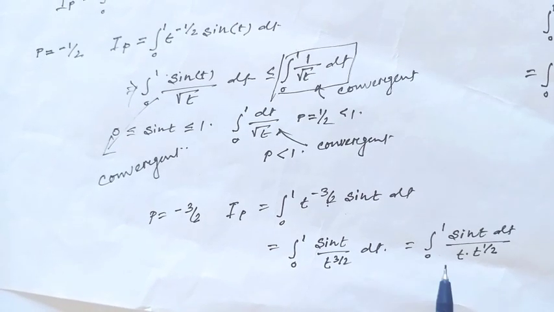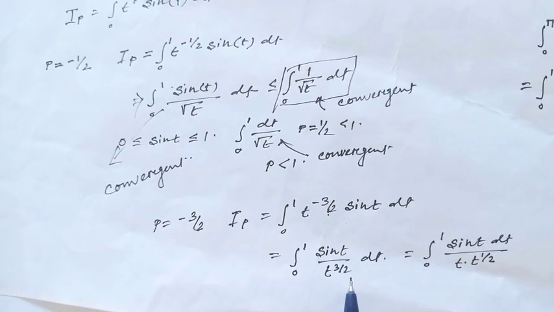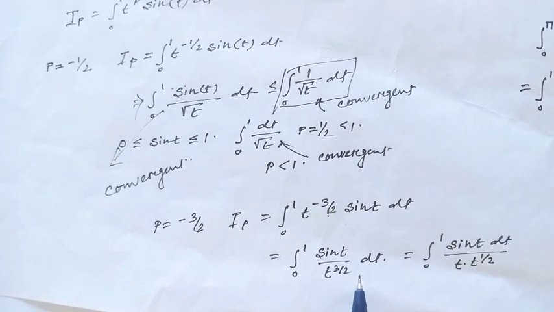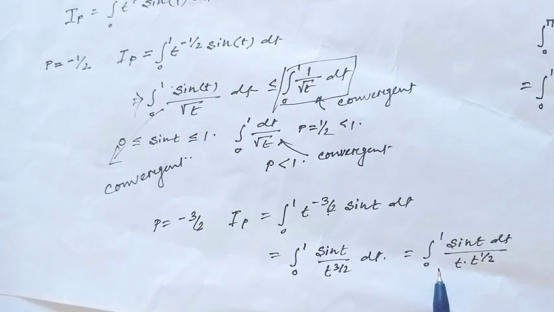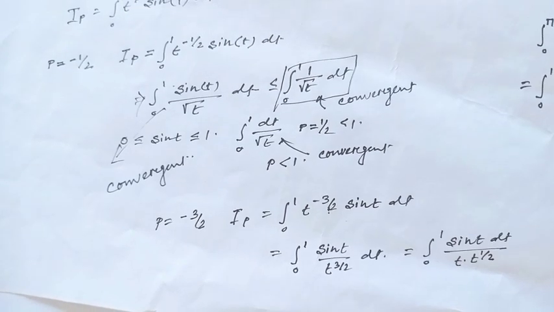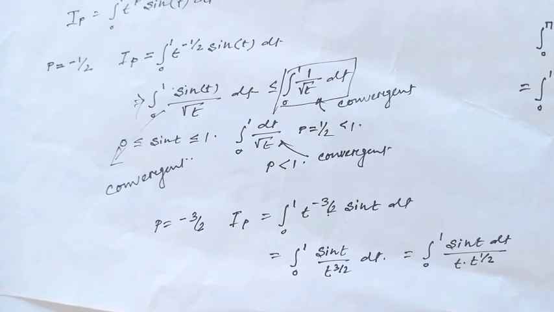And we can write this as sin t over t times t to the power half. Notice this integral has a discontinuity at the point 0. Also, the integral from 0 to 1 of sin t upon t is a proper integral and its value is 1.